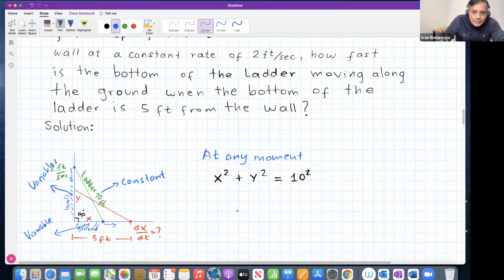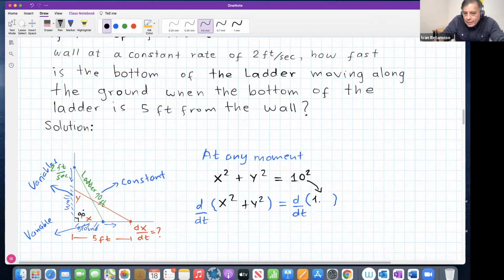The guideline says, then take derivatives of both sides of this equation with respect to time, right? With respect to time. So always derivative with respect to time. All right, now this is going to be X squared plus Y squared. And this 10 squared is just 100, right? It's just a real number, constant.